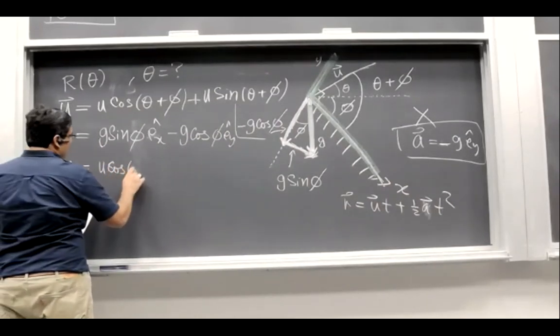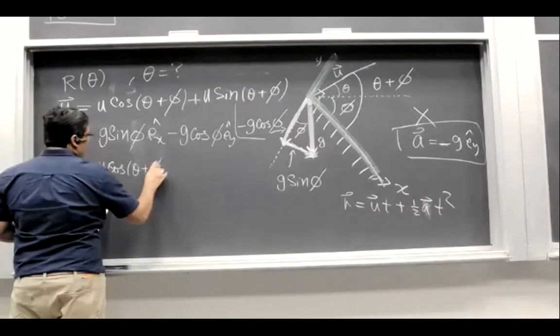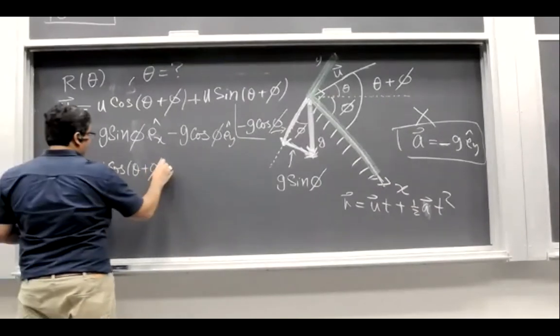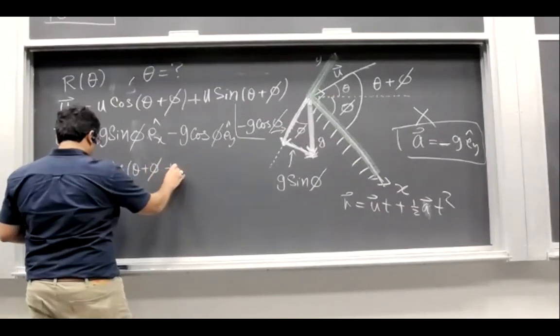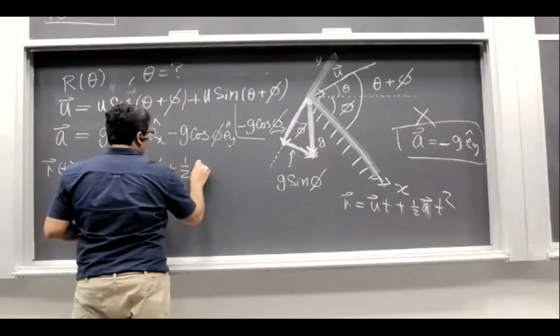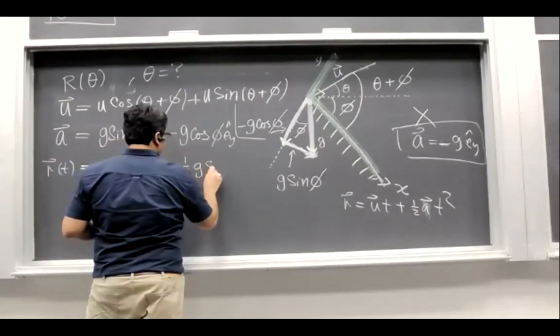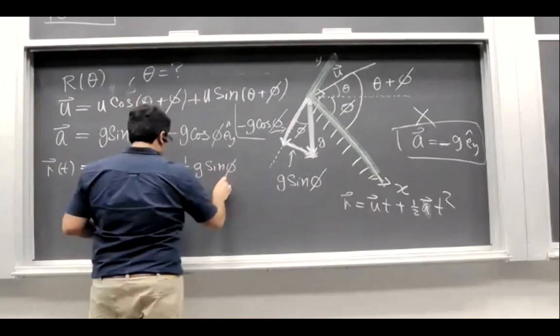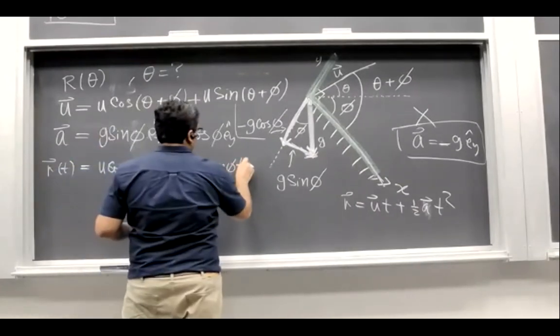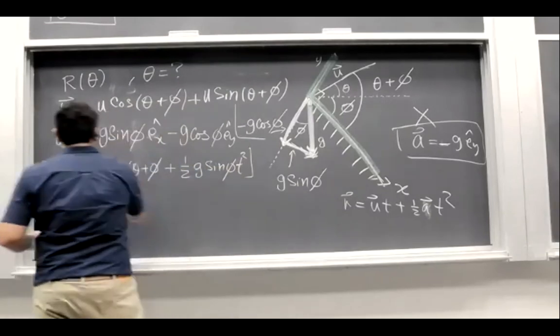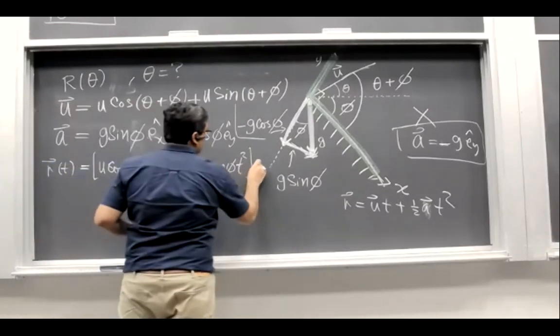U cosine theta plus phi plus half g sin phi t squared, this is the x component.